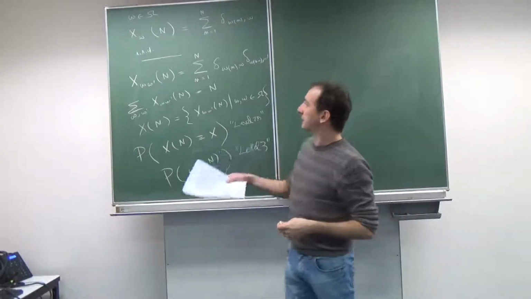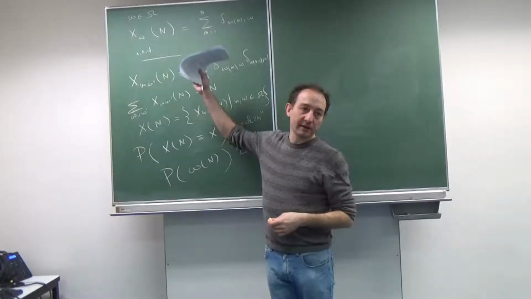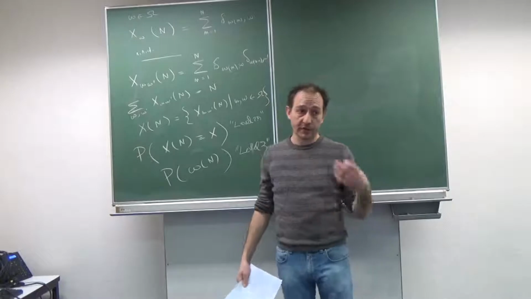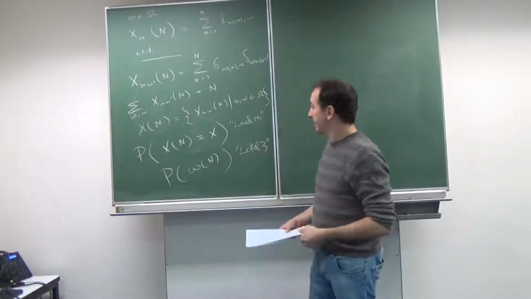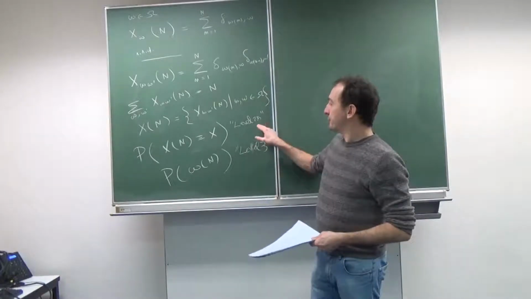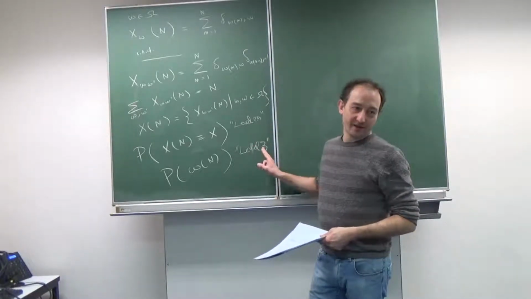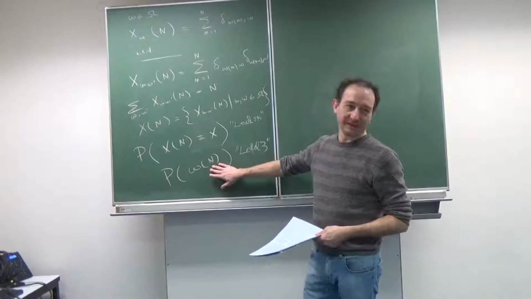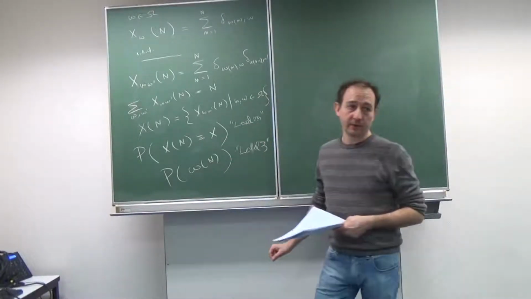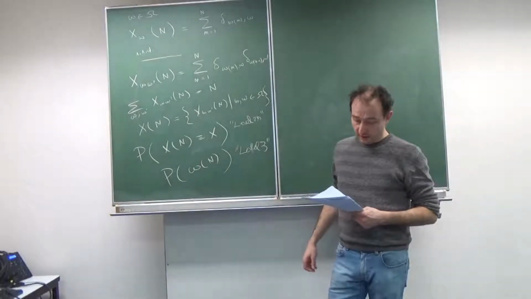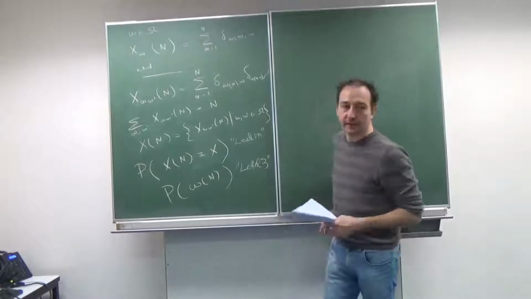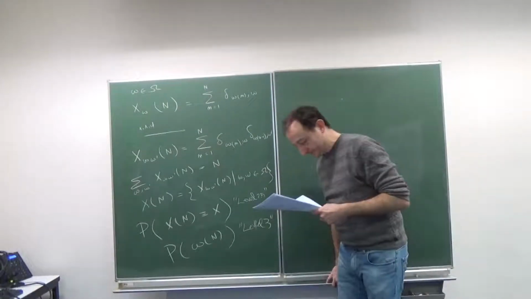Level 2 would be large deviation for the empirical densities, for example, or large deviations for the currents, which are antisymmetric observables. This 2.5 has to be understood as just a slight improvement on this probability, but not so great. Still, we will be able to calculate this and actually use it for some purposes. So it's not completely useless to calculate this thing.